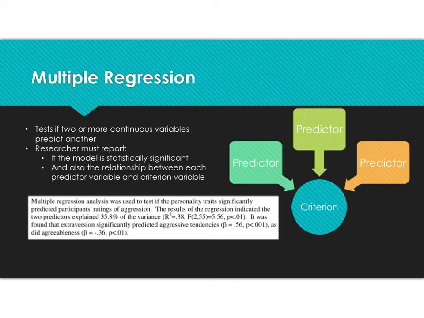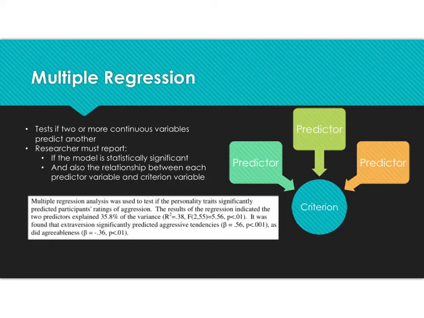So in the sample here, they talk about testing whether personality traits significantly predicted aggression. And the analysis indicated that these two predictors, so these two personality traits, predicted 35.8% of the variance in aggression.